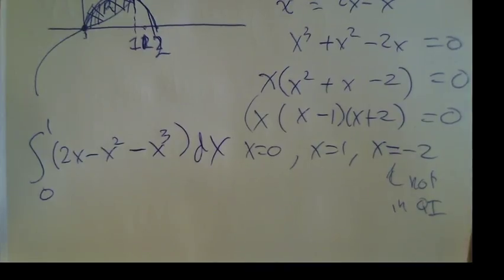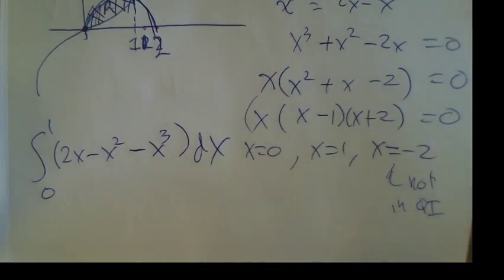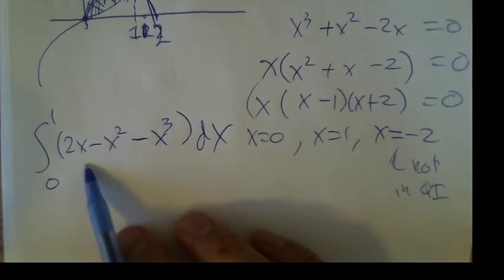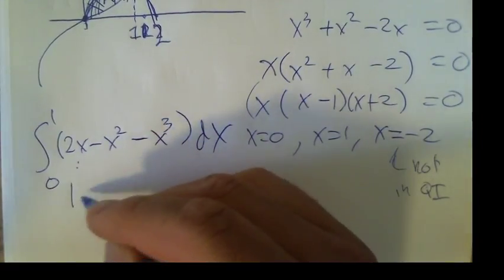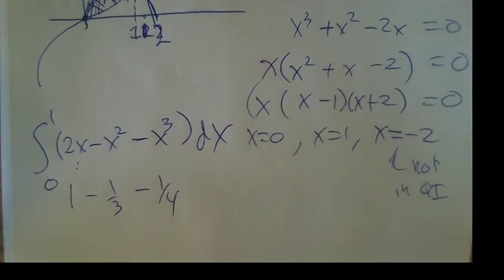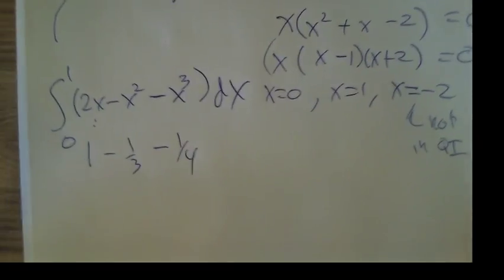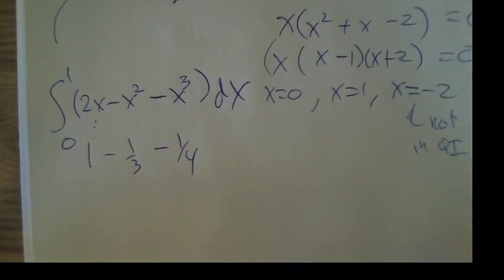It's a polynomial, so when I take the integral of this, all I really care about are the coefficients. So this will be 1, that'll be 1/3, and that'll be 1/4. And then you guys can wrap it up from there, right? You can combine those three numbers.